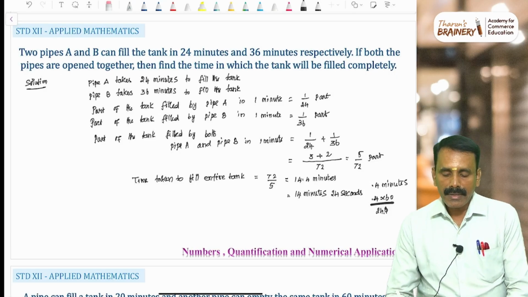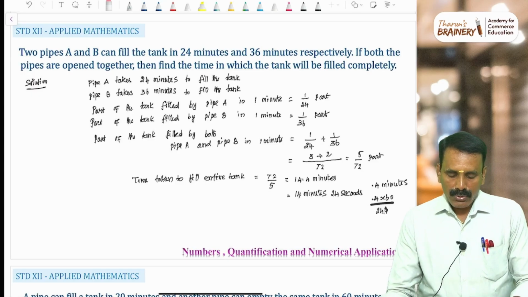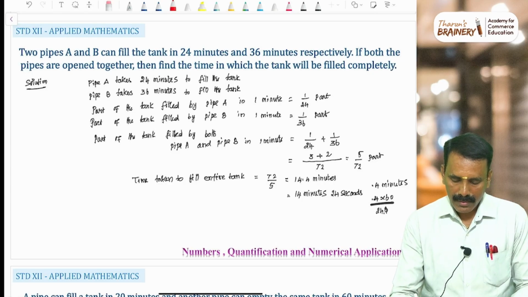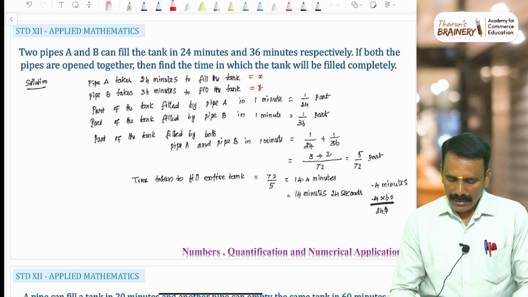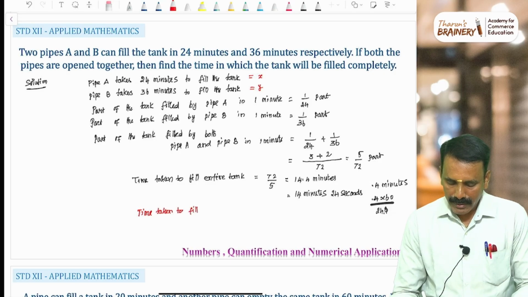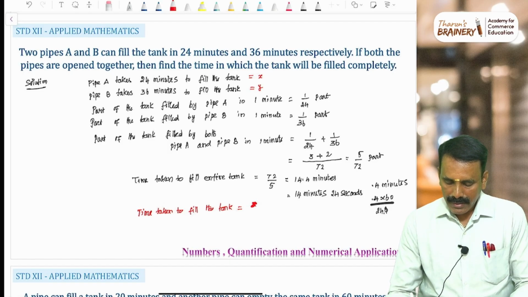So the same problem also can be done using the formula. Okay. When pipe A takes 24 minutes to fill the tank, it will be taken as X. And second pipe will be taken as Y. Then time taken to fill the tank, if it is open together, is given by the formula xy divided by x plus y.